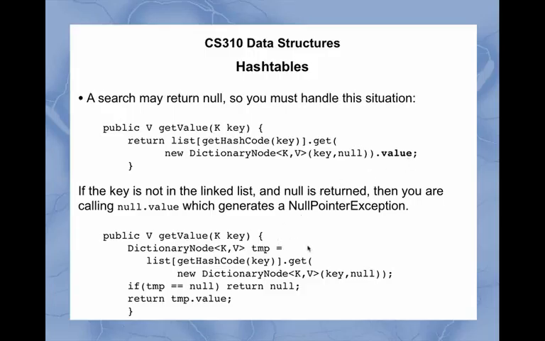So we have DictionaryNode temp, and of course it makes sense: since the linked lists have dictionary nodes, that's what they store and what they're going to return. So we call get with the key and a null value, and we get something back that is either a dictionary node reference or null. If it's null, then we return null. If it's not null, we return the value at that location.